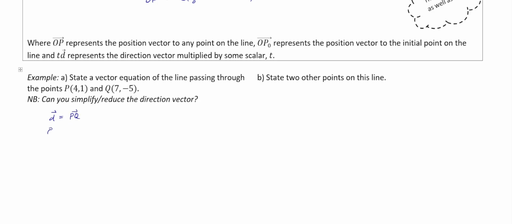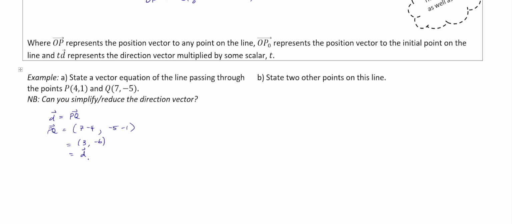Okay, and so PQ is equal to OQ minus OP, so 7 minus 4, -5 minus 1. And then I should get right here 3, -6. So that's my direction vector.